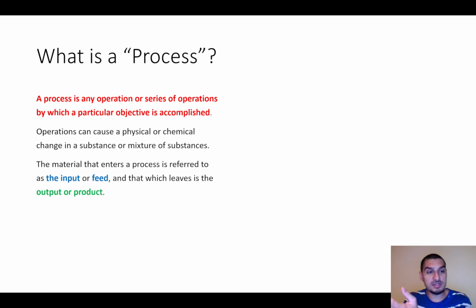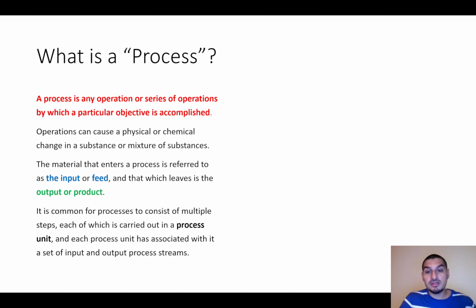The process takes or requires a feed that is fed to or enters the process, and the process changes this input to produce the product. The input to the process, we call it a feed, and the output, we call it a product. And it's very common that a process will consist of more than one step, and that each step is doing part of the whole objective.